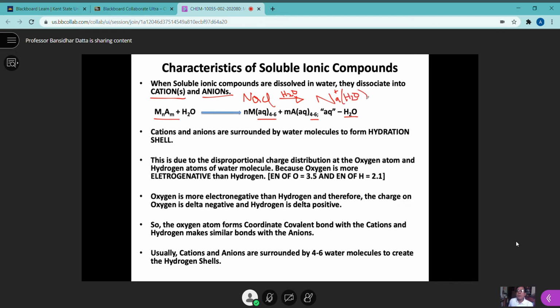That's basically the coordination number, right? Plus Cl minus will have the same thing. Cl minus will have 4 to 6 water molecules. All right. So now, how does it look?